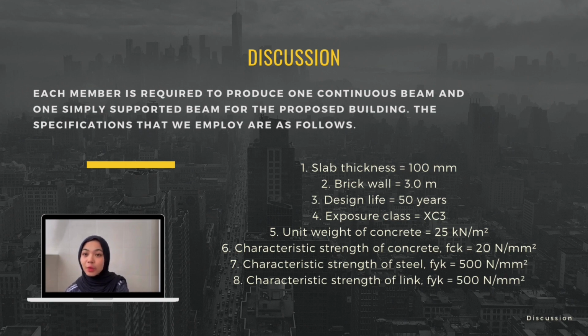The specifications that we employ are as follows: first, slab thickness must be 100 mm, brick wall is 3 meters, design life is 50 years, exposure class is XC3, unit weight of concrete must be 25 kN per meter cubed, and fck is 20 Newton per millimeter squared. Then the characteristic strength of steel reinforcement, which is fyk, must be 500 Newton per millimeter squared.